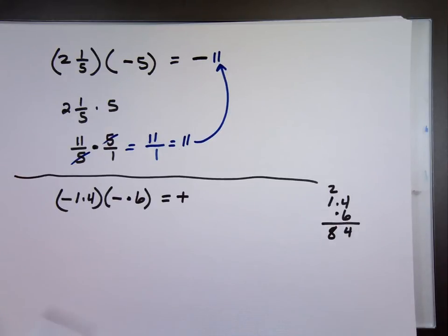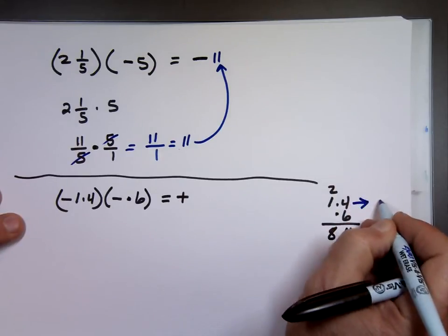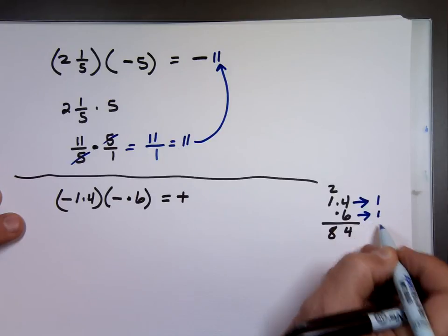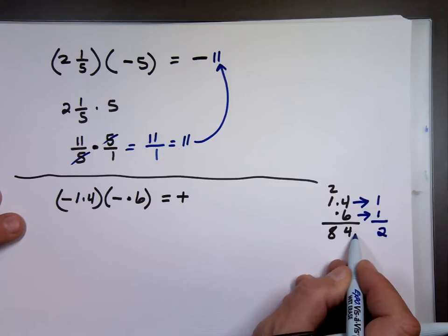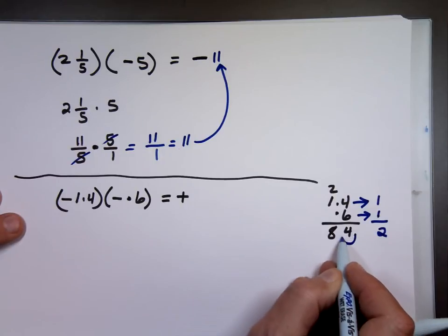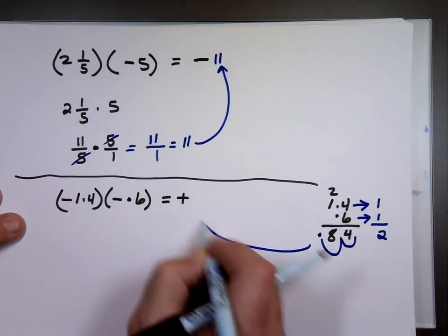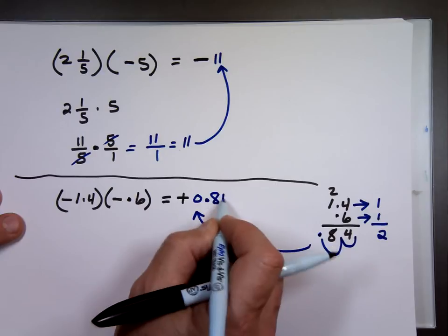Now, how many digits do we have to the right of the decimal point here? 1. And how many do we have here? 1. When you add them, that's what? 2. Start from here. Move your decimal place. How many? Twice. 2 places. So what's my answer going to be? 0.84.